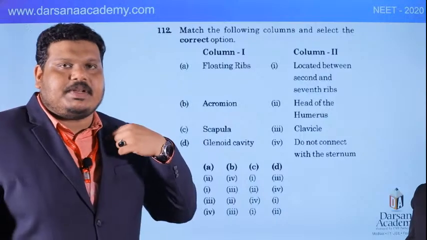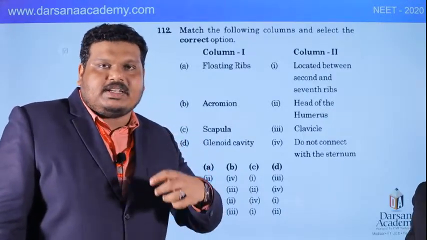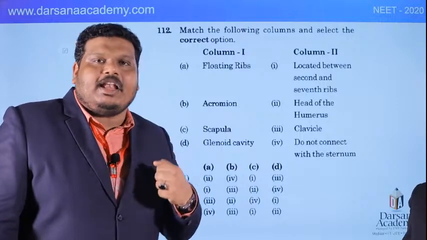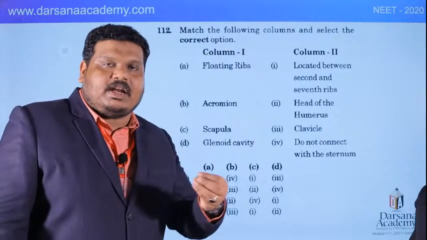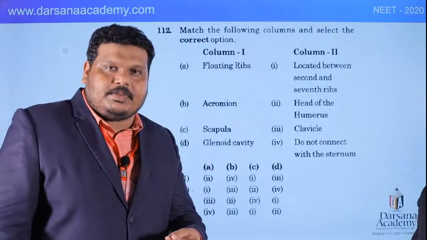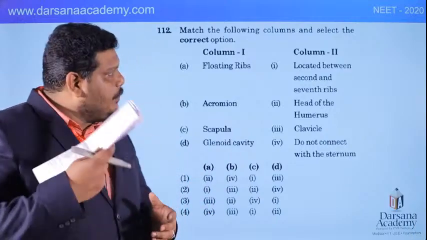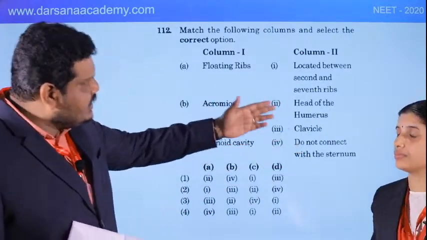We always mention the position of any organ in the human body in relation to an adjacent or parallel structure, like the seventh dorsal vertebra, or the seventh cervical vertebra. Similarly, the scapula is located between the second and seventh ribs.